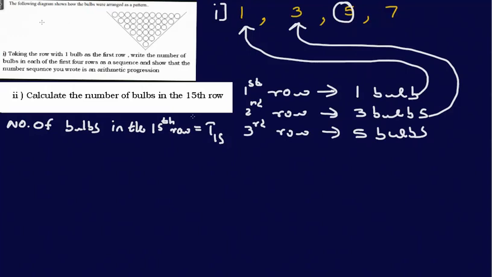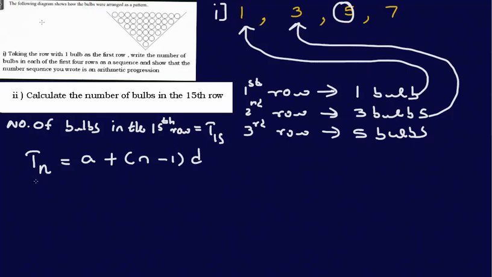So how do we find what's T15 or the 15th term? So we got to write the formula. What is it? The nth term is equal to what? A plus n minus 1 times d. All of you got to know this formula by heart.